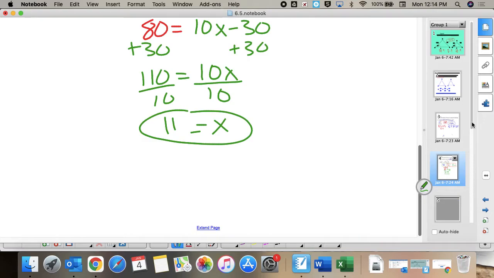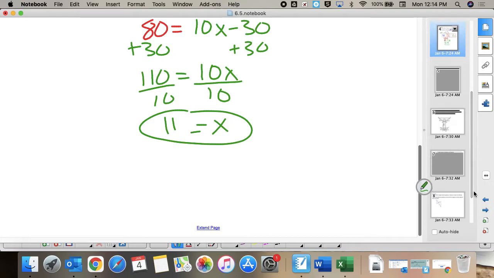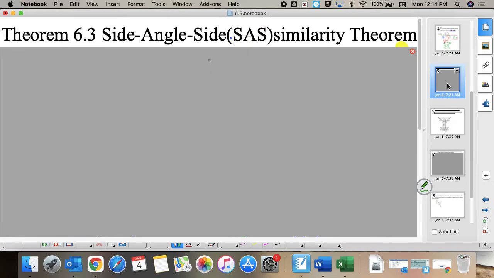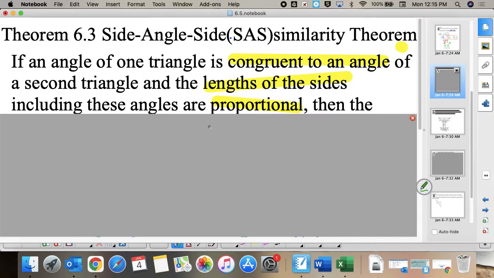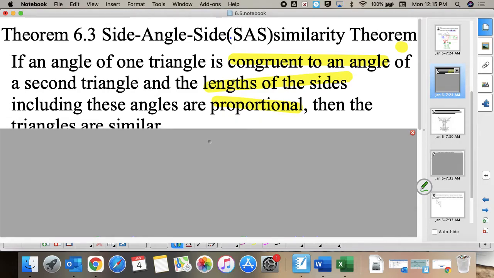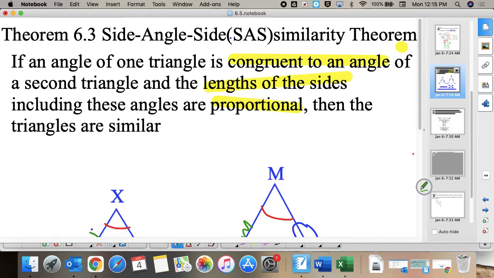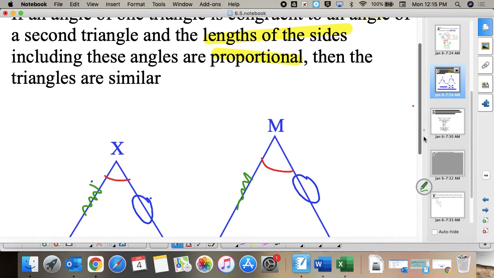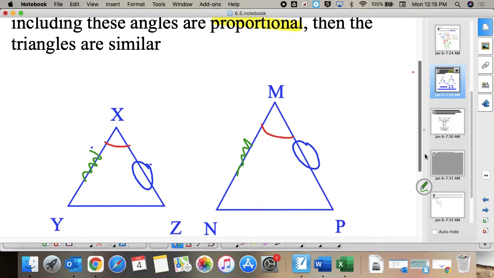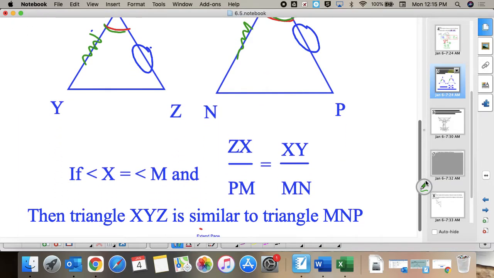Our last shortcut is known as side angle side. Which, as you remember, the angle must be in between our two sides. The angles have to be congruent to each other, and the sides have to be what we call proportional. So if I'm looking at my picture here, angle X is congruent to angle M, and then those ratios have to be the same.